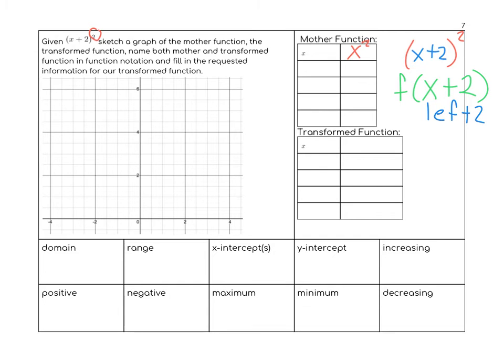It also lets us build some tables. Okay, I'm going to start with the same table we had for our mother function. We went -2, 4, -1, 1. I'm going to skip 0 just so I can get 1, 1, and 2, 4 in. But we got our lovely graph looking something a bit like this.